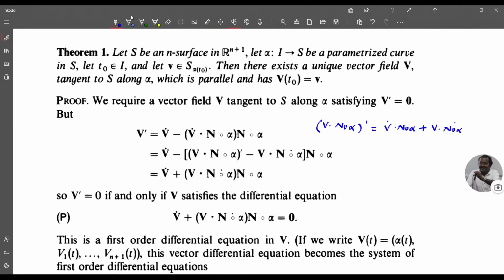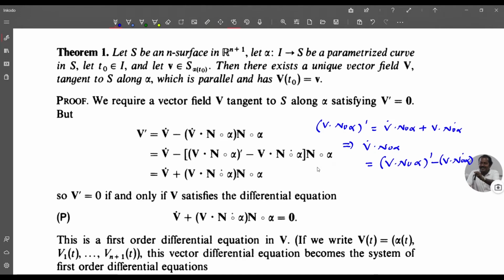From this, V dot prime n composition alpha is (V dot n composition alpha) whole prime minus V dot n composition alpha dot. So that is this step. So V dot prime n composition alpha can be replaced with (V dot n composition alpha) prime minus V dot n composition alpha dot.